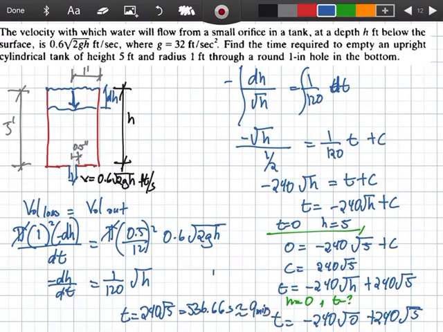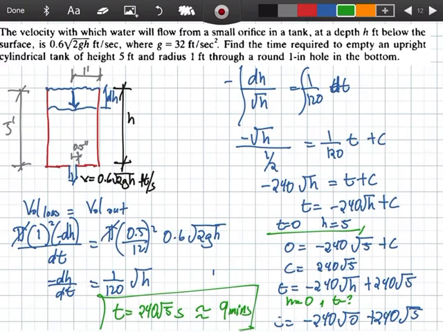Okay? So, para mas maganda yung answer, sasulat ko ulit. T is equal to 240 square root of 5 seconds, approximately 9 minutes. So, the question, class, what time? Find the time required to empty the upright cylindrical tank. So, para maubos natin yung laman ng tank, it is 9 minutes.